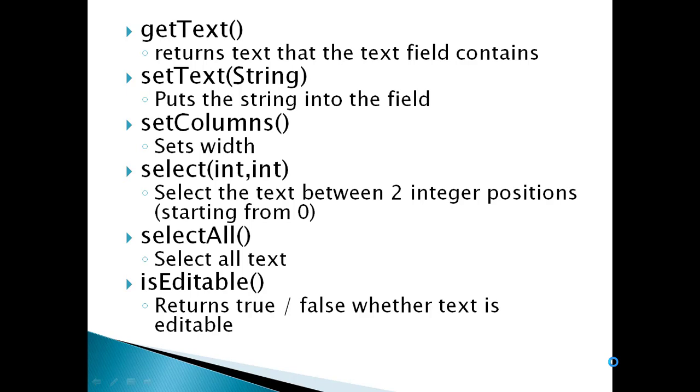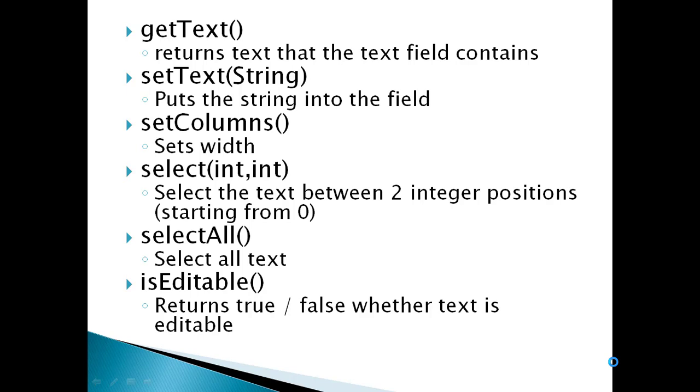Next method is setText(String), which puts the string into the field, or sets the string value into that text field. The third method, setColumns, sets the width for that text field.